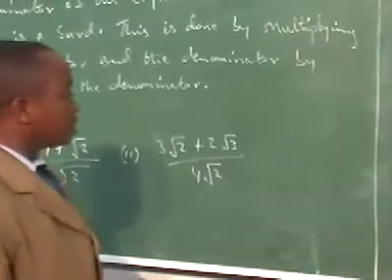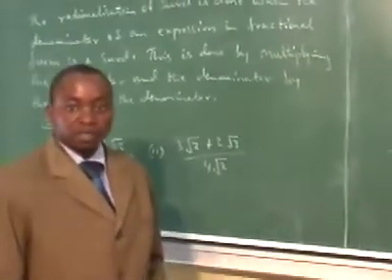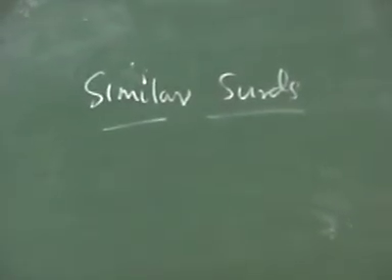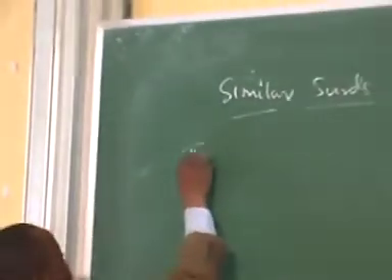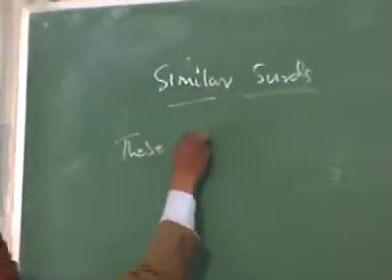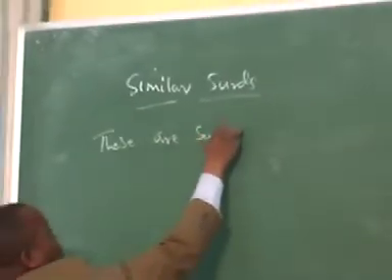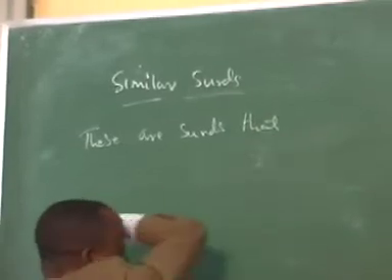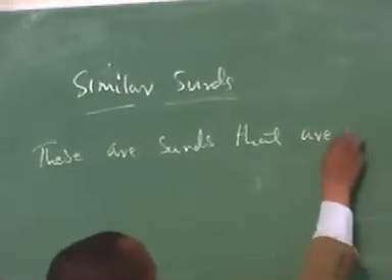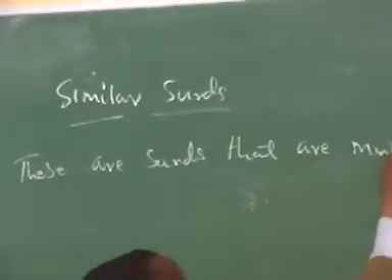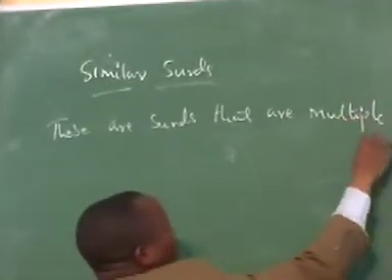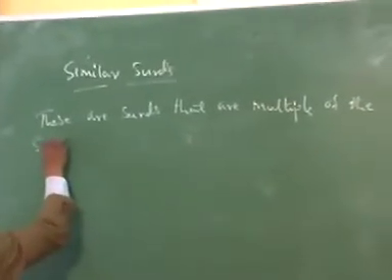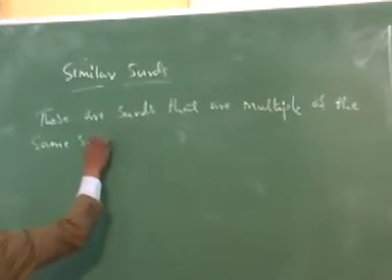Now, I will look at another subtopic that we are going to take. So, we are looking at similar sorts. These are sorts that are multiples of the same sort.